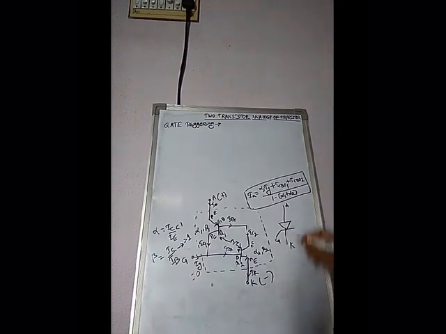From the starting, the anode is in forward bias mode. That means anode positive, cathode negative, and gate current is 0. Under the gate triggering method, we apply a gate signal.